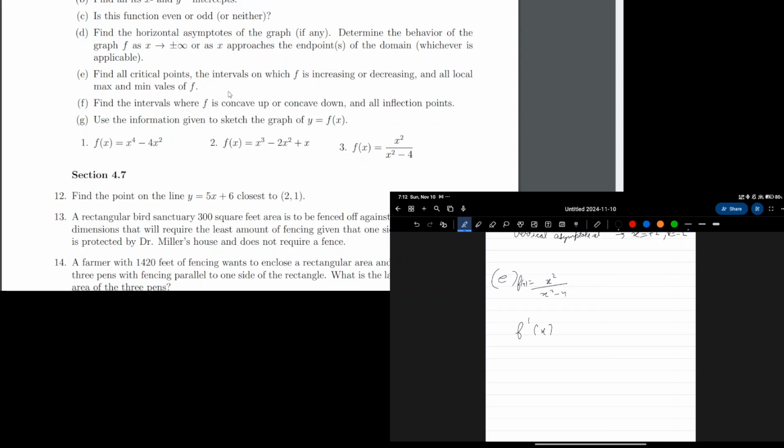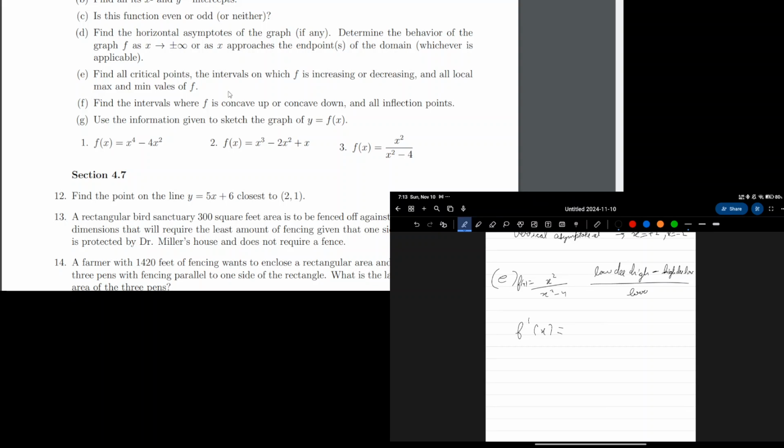So f dash x would be equal to, we have to use the quotient rule over here, and the mnemonic for that is low d high minus high d low over low squared.